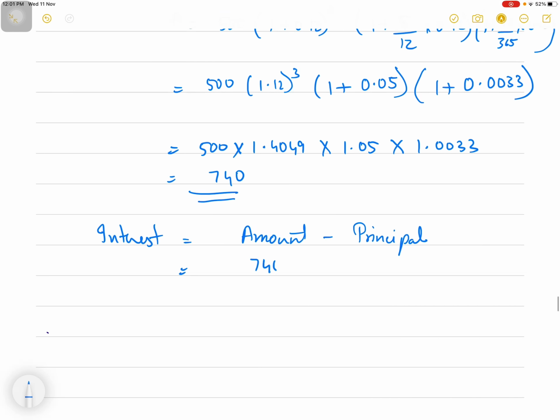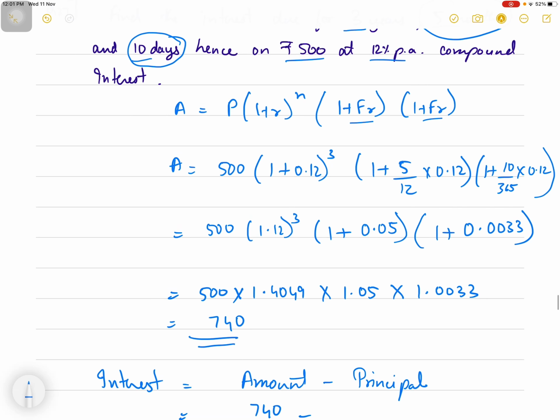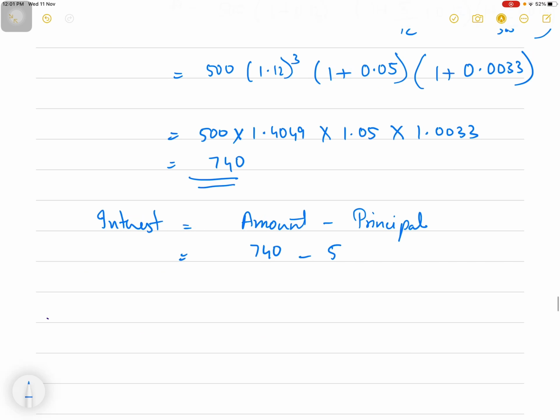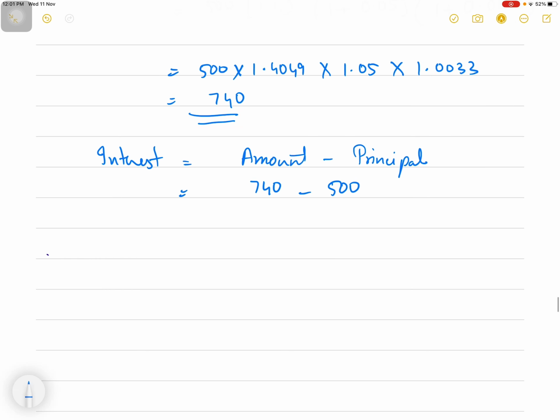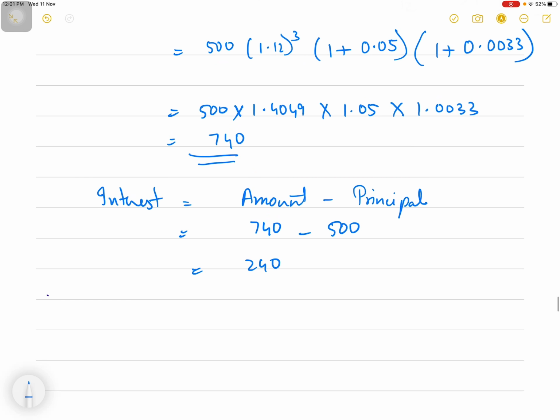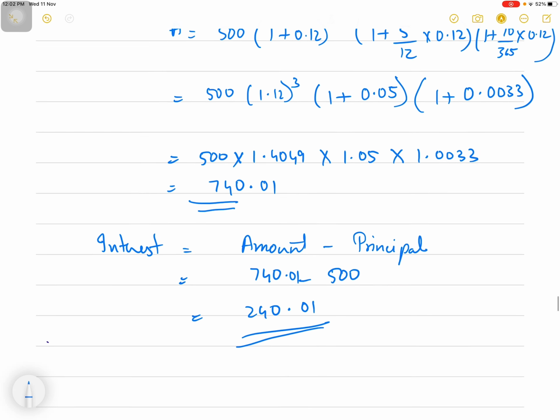Amount is 740 and principal is 500. That means interest is 240. If I write 740.01, then the amount would be 740.01 and interest would be 240.01. Both answers are right.